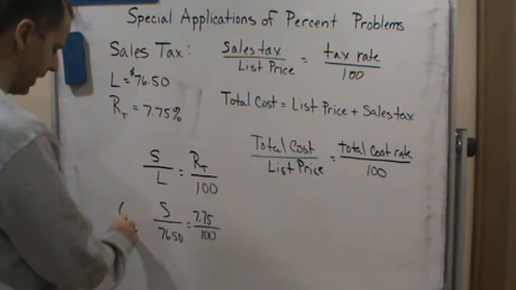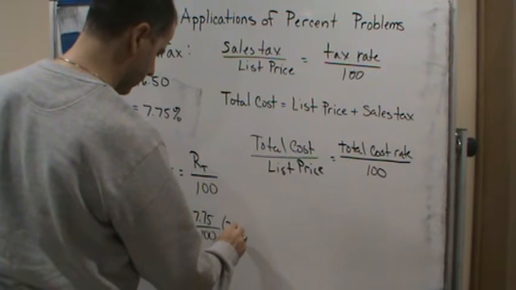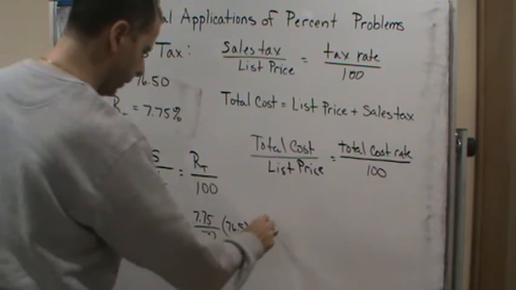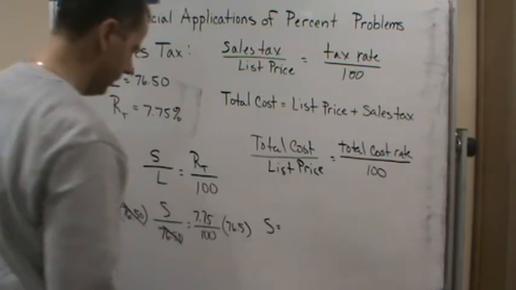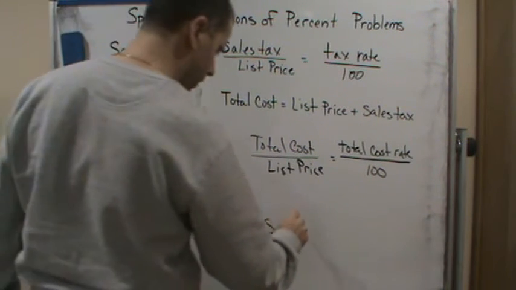I'm just going to multiply both sides by 76.50, and then plug it in my calculator. And what do I get? I get S equals what? Okay, so you get your calculator, and it turns out to be $5.93 rounded. So basically always round to the nearest penny unless otherwise stated. So it's going to be $5.93.